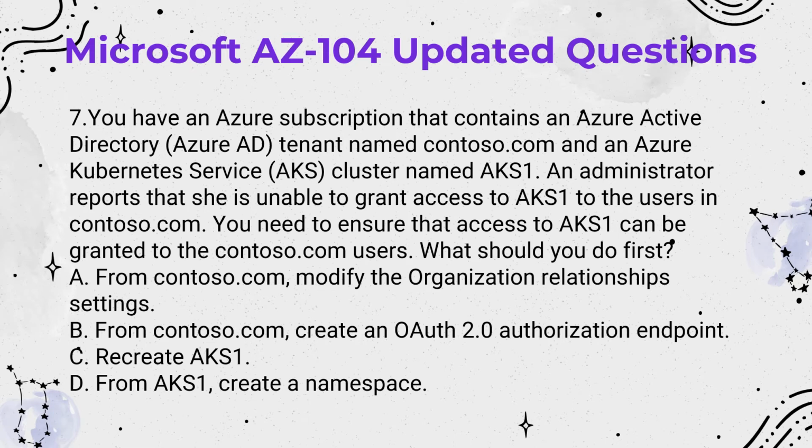What should you do first? A. From Contoso.com, modify the organization relationship settings. B. From Contoso.com, create an OAuth 2.0 authorization endpoint. C. Recreate AKS1. D. From AKS1, create a namespace.